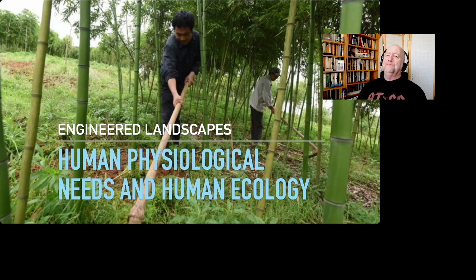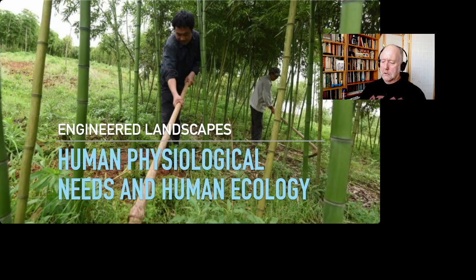So, consider what humans need from an environment. We need food and resources, we need space to live, and we need water. And so we modify our environment. We're not the only species to do that.